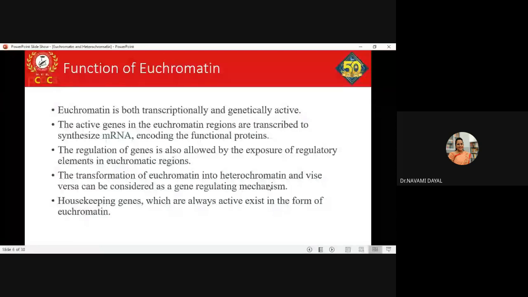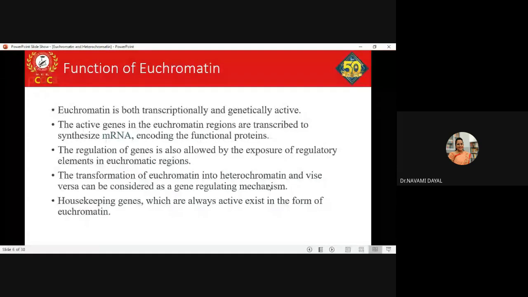You people might have studied about epigenetics. It's all about histone modifications. When the histone modification occurs which facilitates the decondensation part, it gives rise to transcriptionally active genes. The genes are turned on, transcription occurs, translation occurs, and the product is produced.